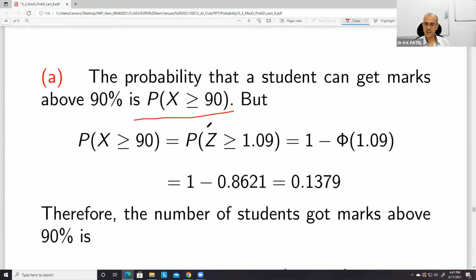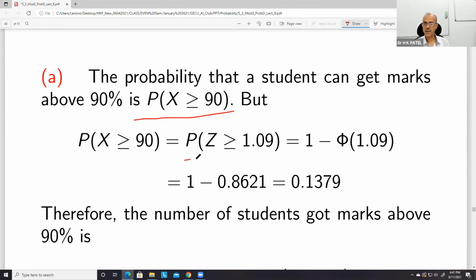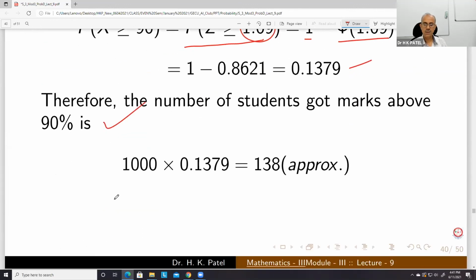Since this is greater than or equal to, we want the area to the right of this value, which will be 1 minus the area to the left of 1.09. So the number of students with marks above 90% is the total number, 1000, times this probability, and therefore approximately we can take 130.